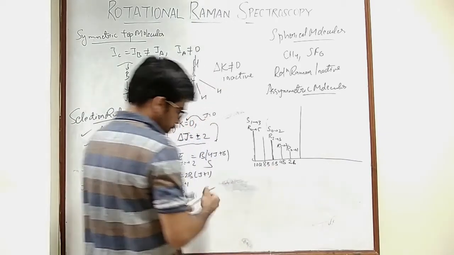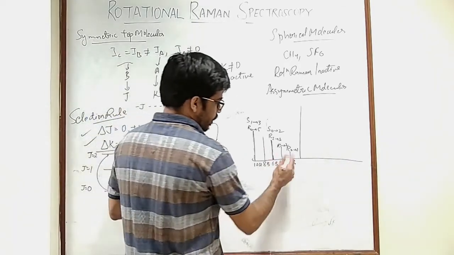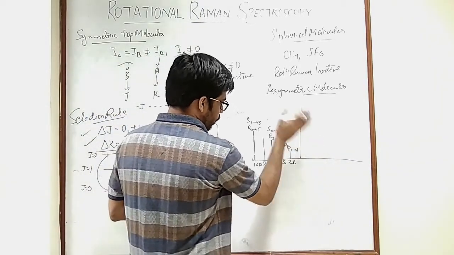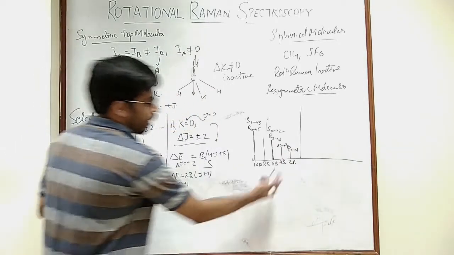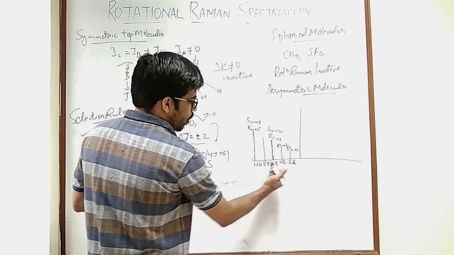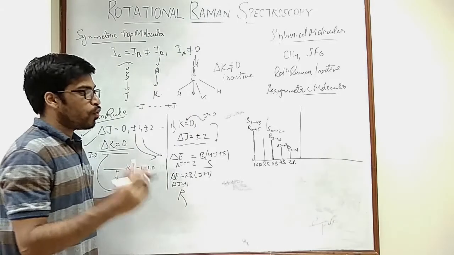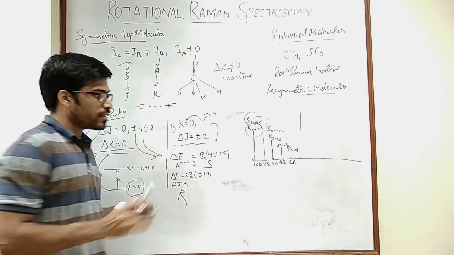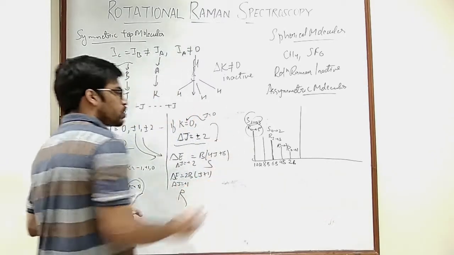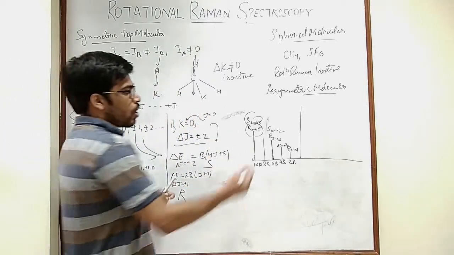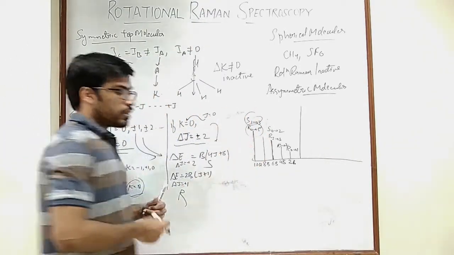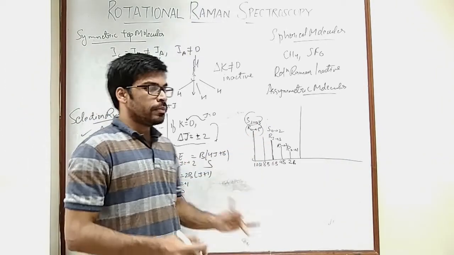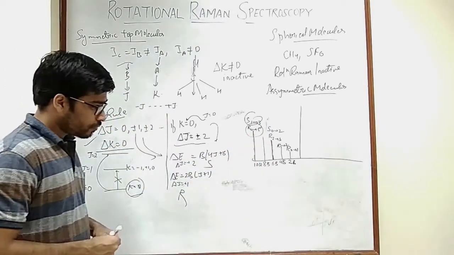If you forget the first line, from 4B, every alternate line is going to have an overlap of R and S peaks. So that is the takeaway from here, that in case of symmetric top molecules, consecutive lines have overlap of R and S lines. Okay, fine.